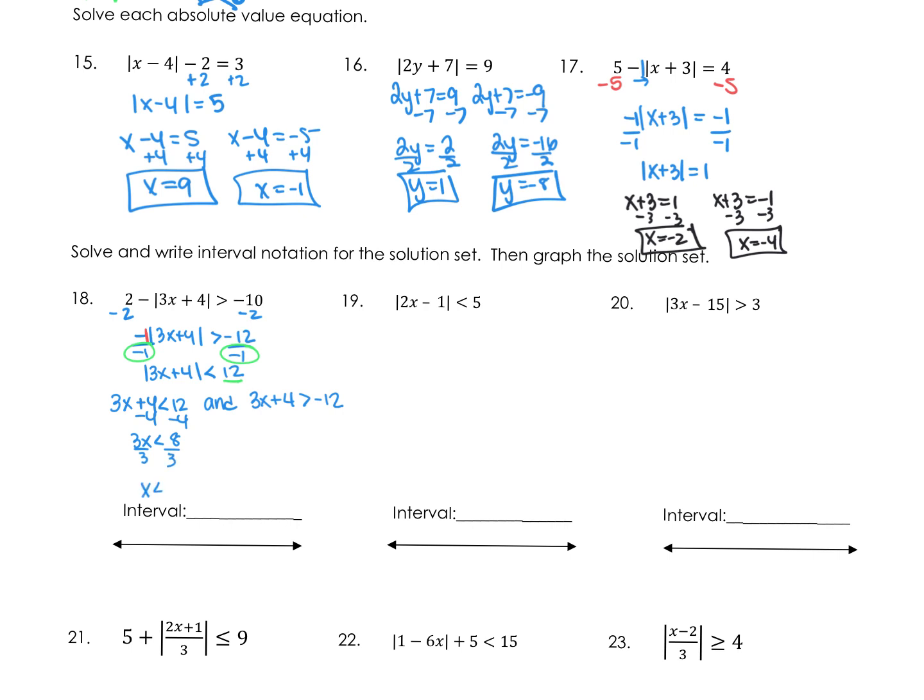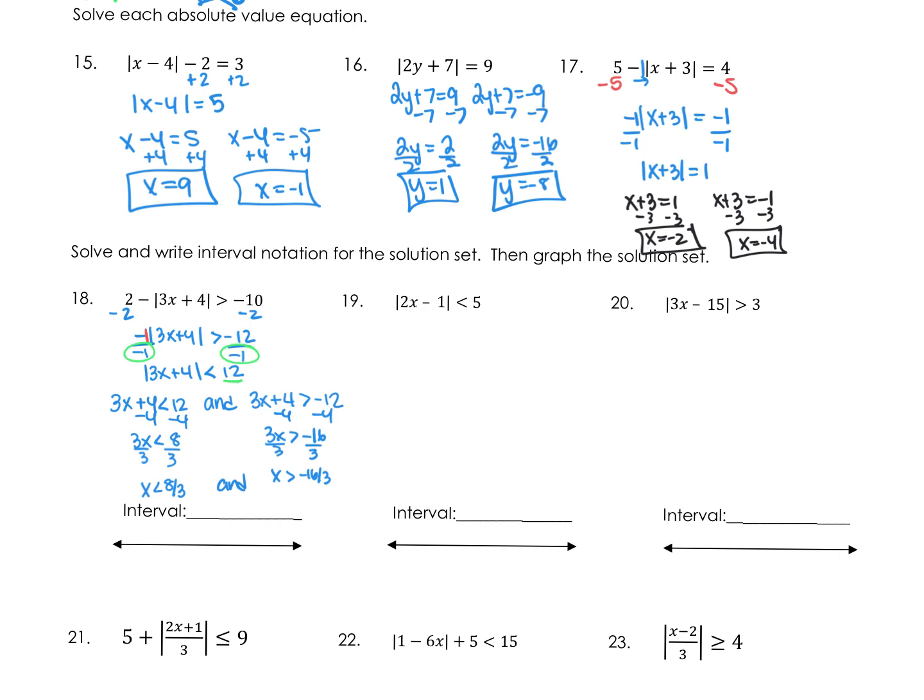So we have x is less than 8/3. If you wrote it as a decimal, that's fine. And again, x is greater than, so we have and x is greater than negative 16 over 3. Again, if you wrote it as a decimal, that's fine.